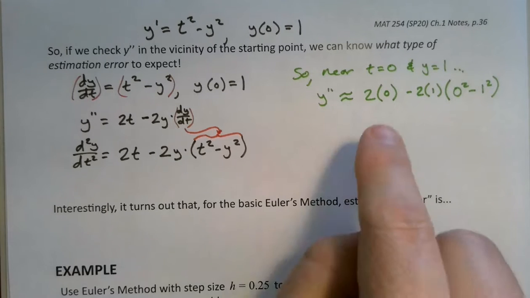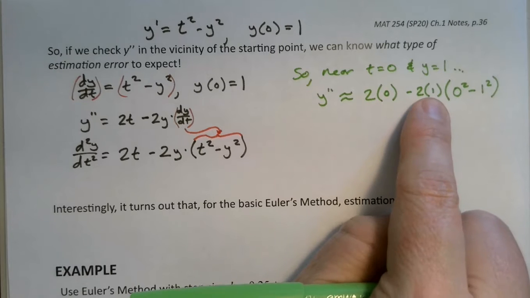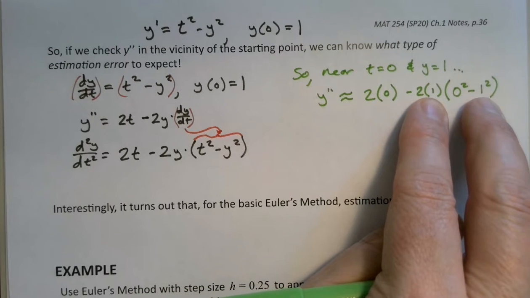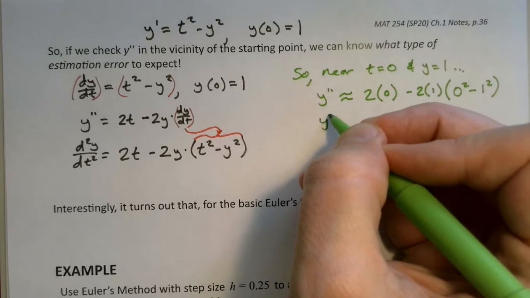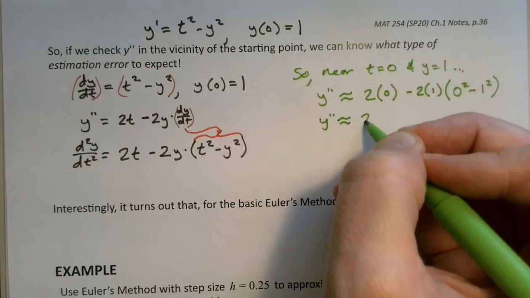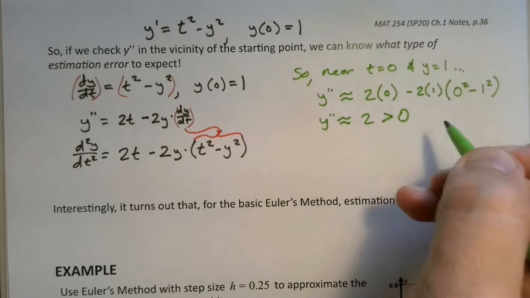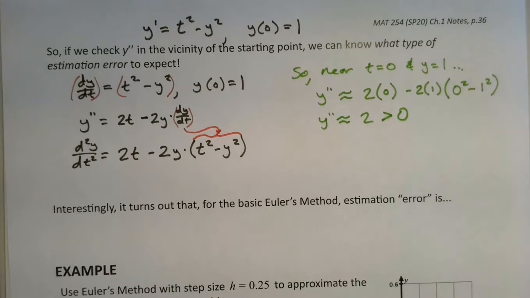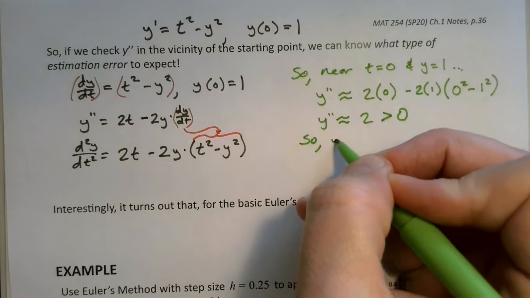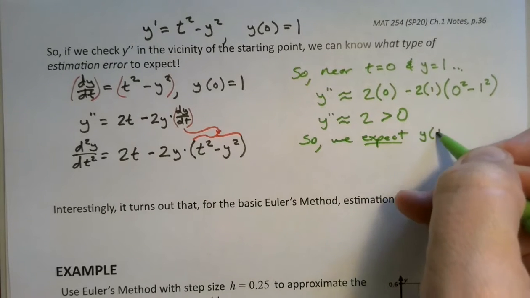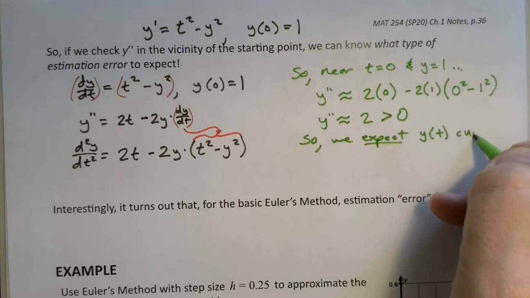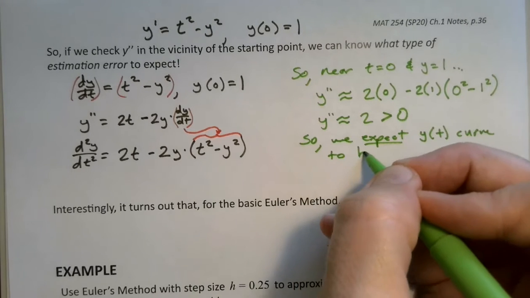And so 0 minus 2 times negative 1 is positive 2, so y double prime is approximately equal to 2, which is definitely greater than 0. A second derivative greater than 0 means we expect our solution curve, y of t, to be concave up.